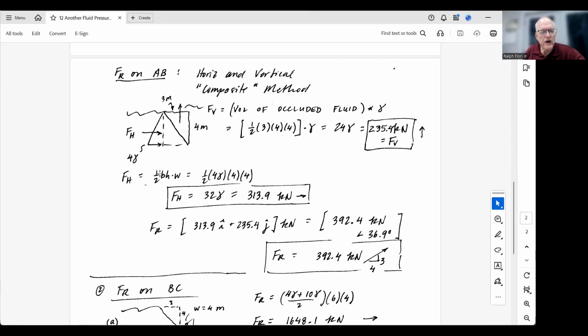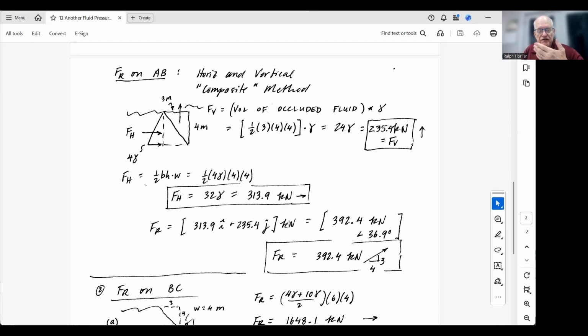The F horizontal is 1/2 base times height times the width into the board. So 1/2, the base is 4 gamma, the height is 4, the width into the board is 4, and so my F horizontal is 313.9 kilonewtons. Finally, my resultant force is 313.9 i plus 235.4 j kilonewtons.